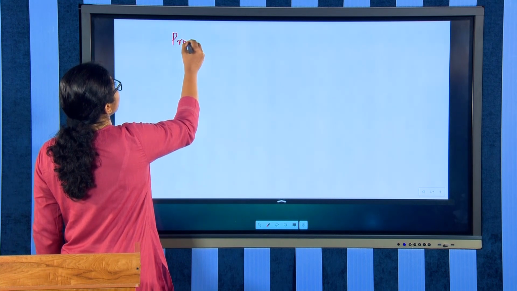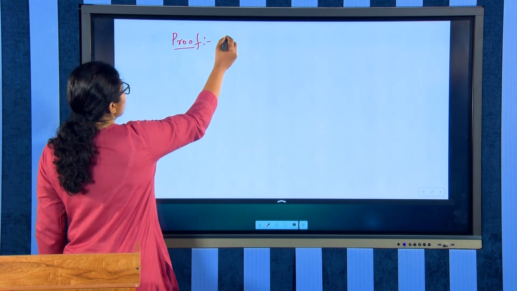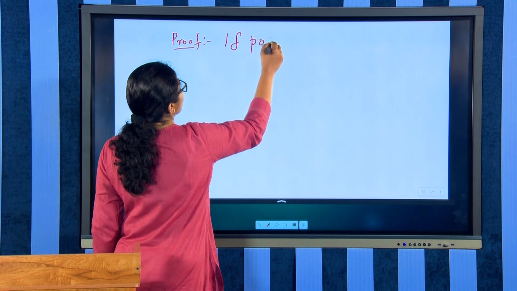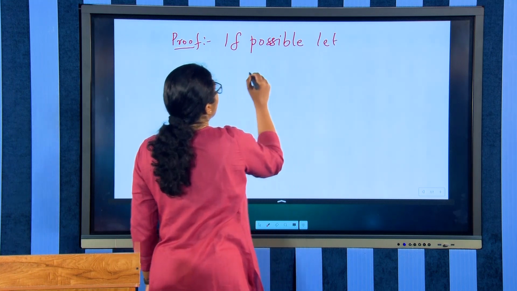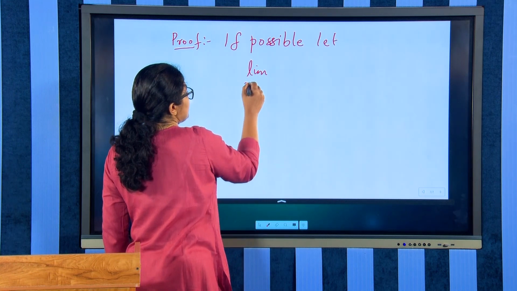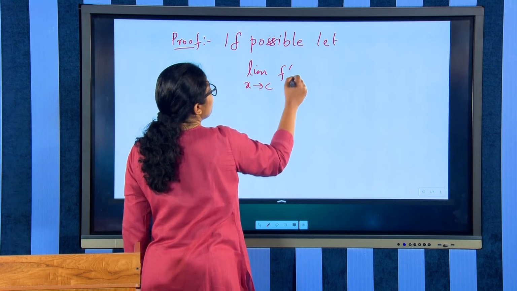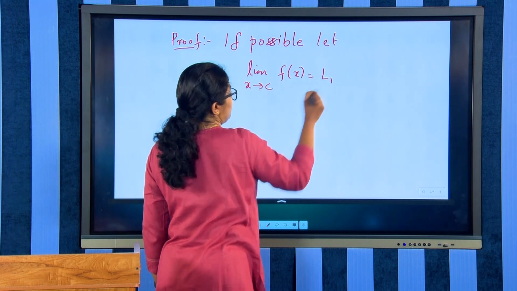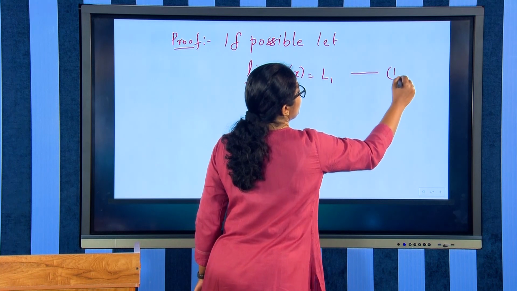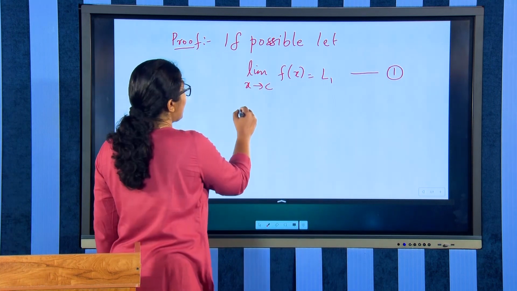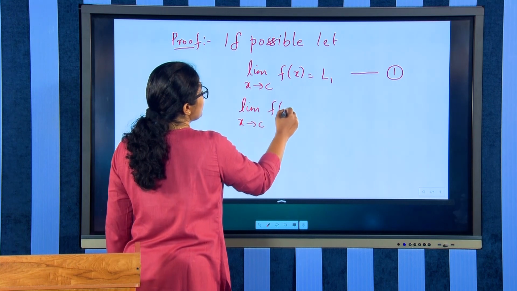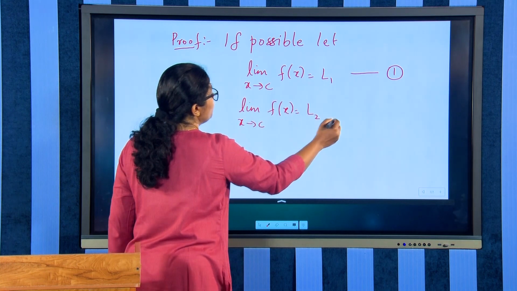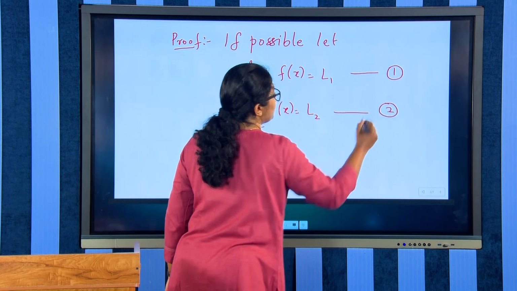Proof: if possible, let limit x approaching c, f of x is equal to say L1, name it as equation number 1, and we have limit x approaching c, f of x is equal to L2, name it as equation number 2.